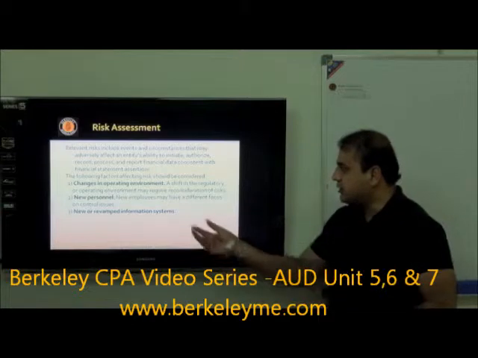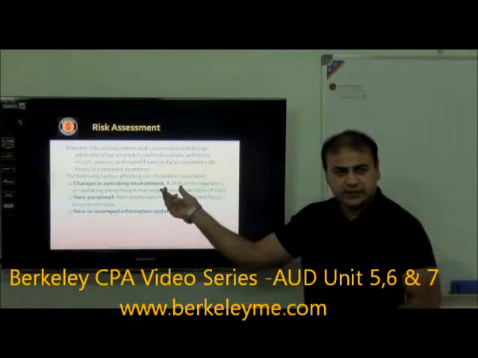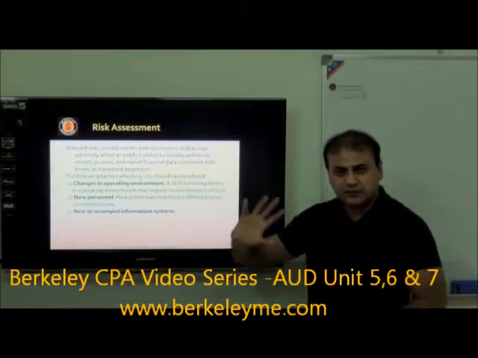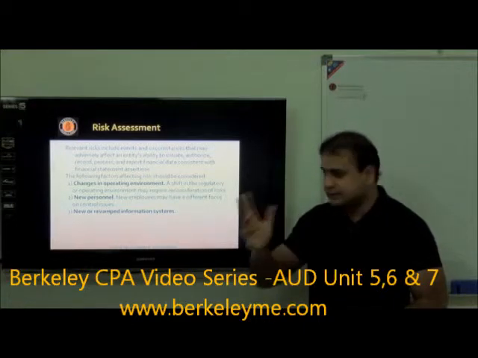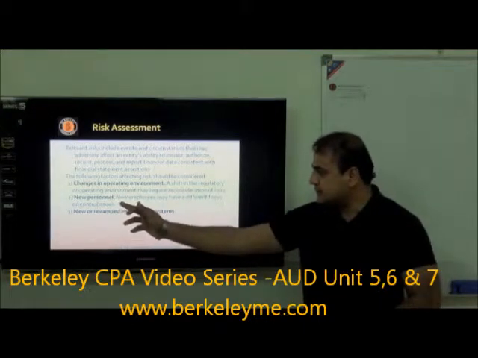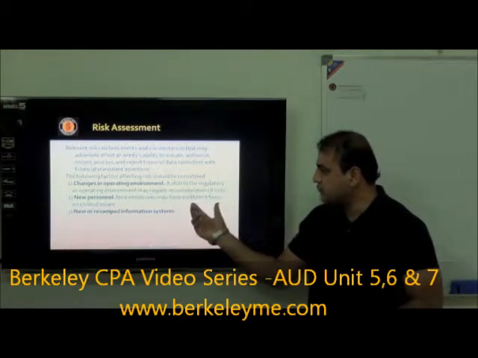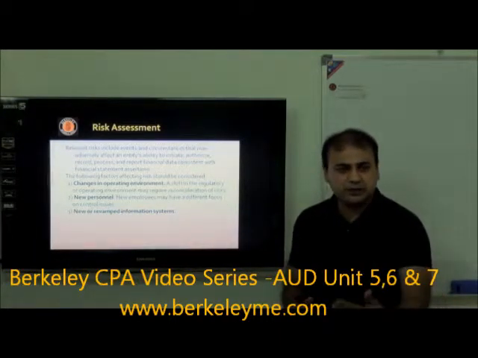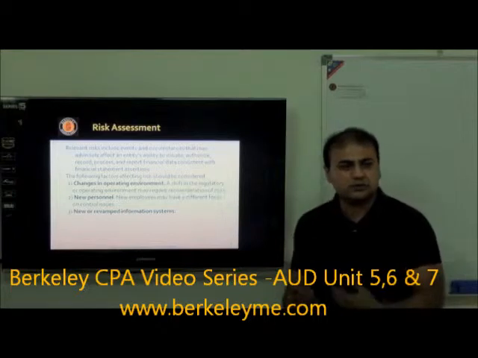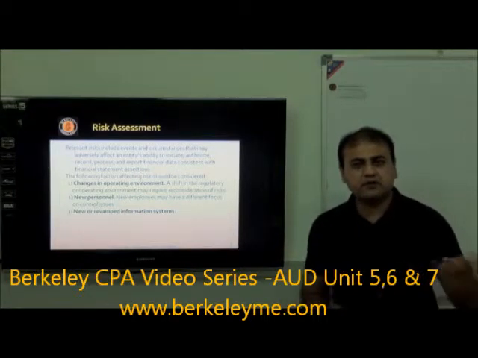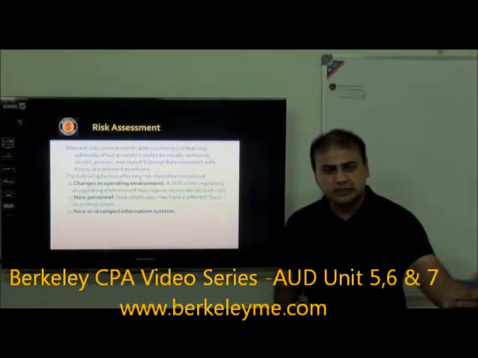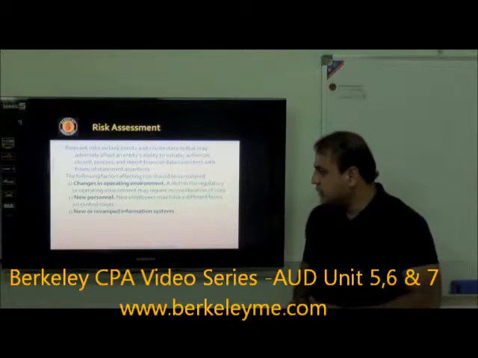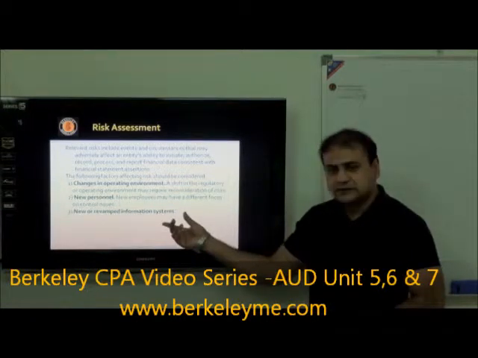The following factors are important. One is changes in the operating environment, the environment in which you operate. Then new personnel. They have a different tone or focus on the control issues. When you join a new company, you have your own background, your perspective, which may be different from the company that you joined. Then new and revamped information systems.